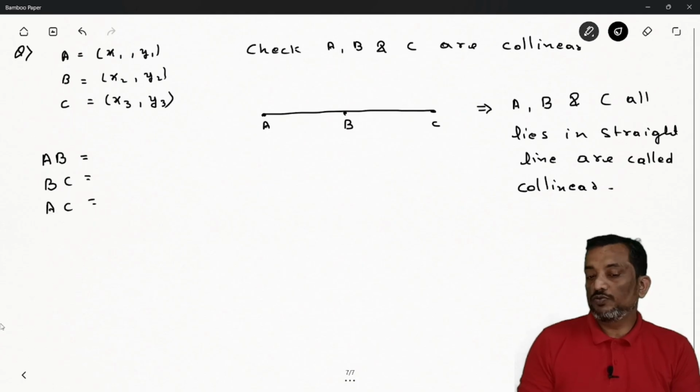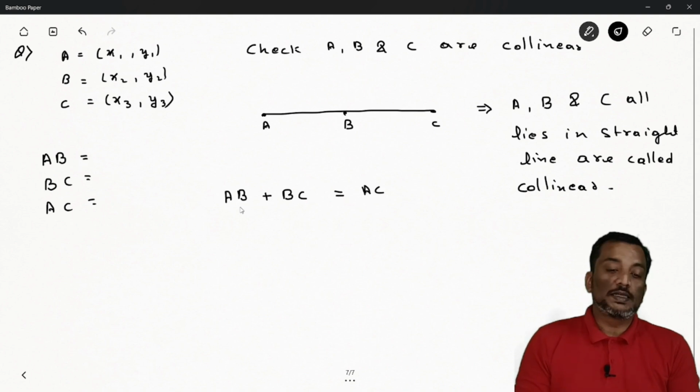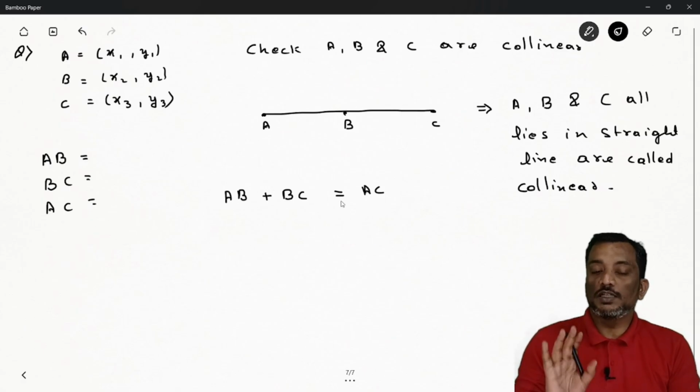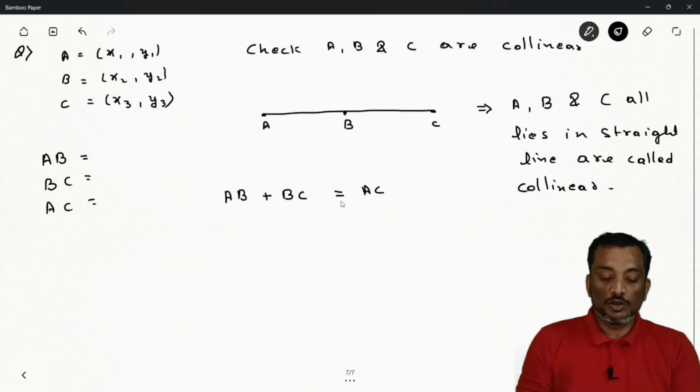After you find all the distances, you can say AB plus BC is coming equal to AC, which means they all lie on the same straight line. Hope you understand this one.